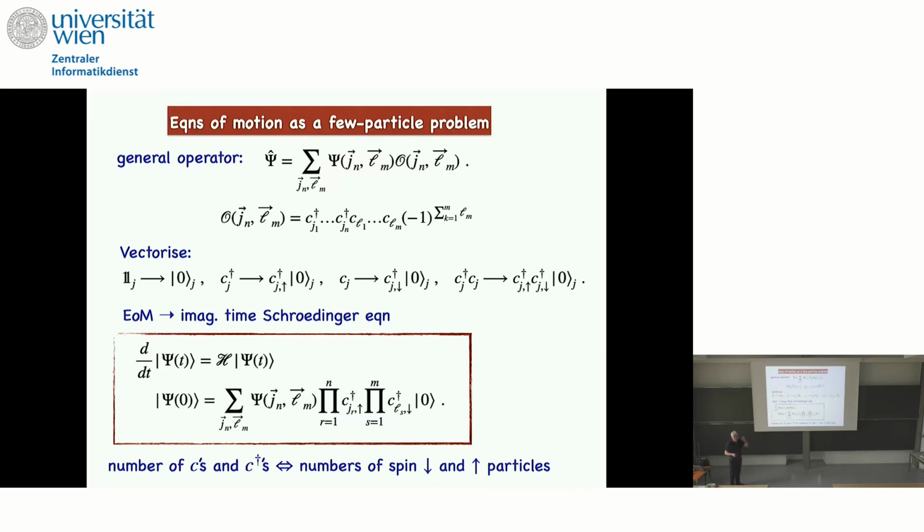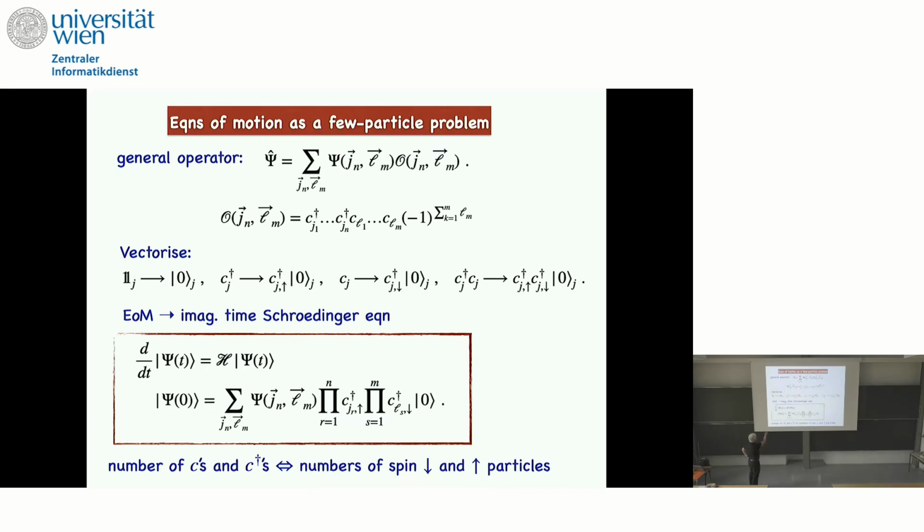On each side, I have four operators: the identity, C dagger, C, and C dagger C. So my vectorized space should be four-dimensional, and I can get this by introducing spin-a-half fermions, because then I have four states per side: empty, spin up, spin down, or both.